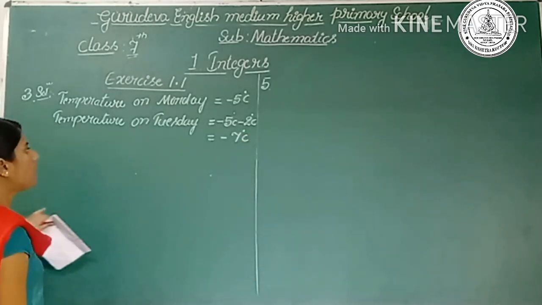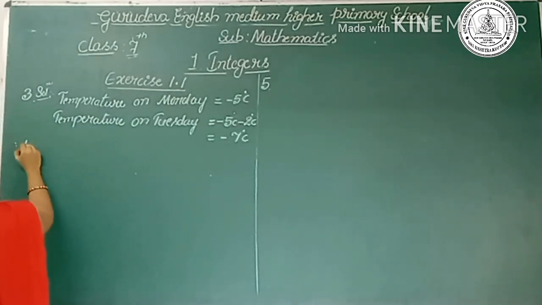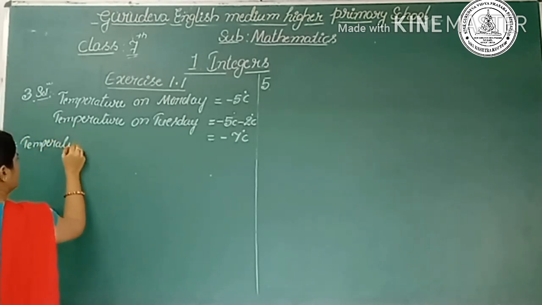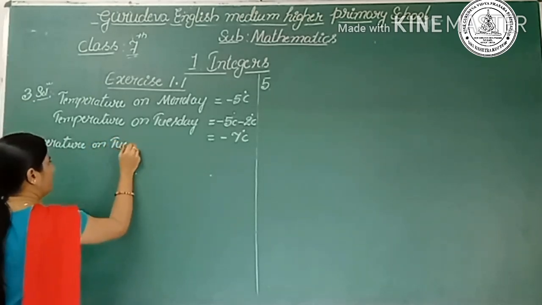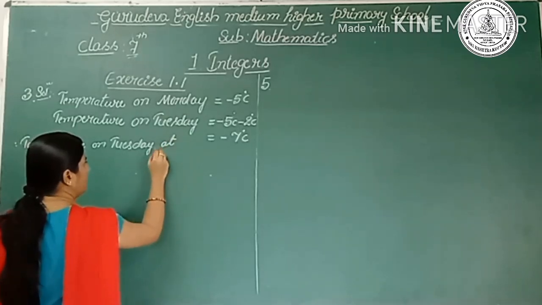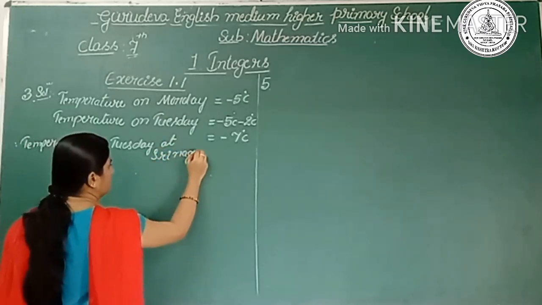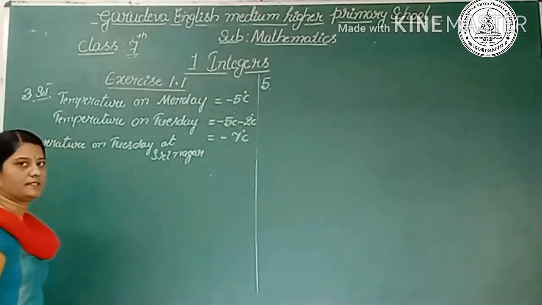So the temperature on Tuesday at Srinagar is -7 degrees Celsius. Write down here. Therefore, temperature on Tuesday at Srinagar is equal to -7 degrees Celsius.